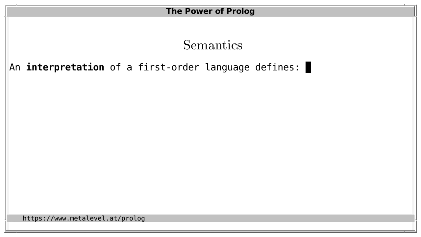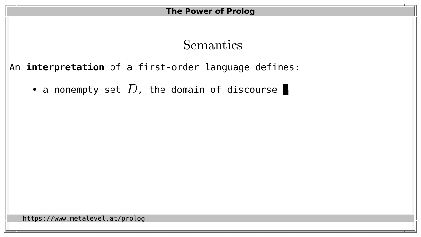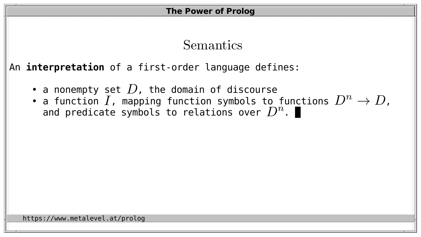An interpretation defines a non-empty set D, which is the domain of discourse, and a function I mapping function symbols to functions and predicate symbols to relations over the domain of discourse. So, depending on the interpretation, a predicate is either true or false for any concrete arguments. And the point is that we can define what each predicate means by stating what holds about each predicate.